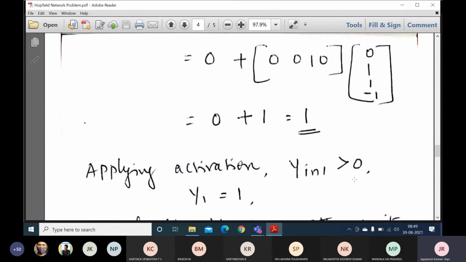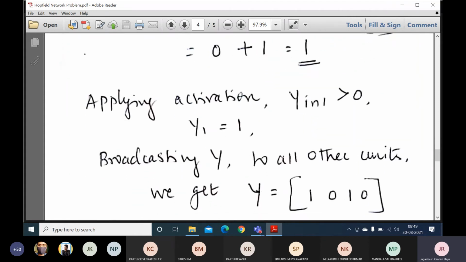So y_in1 is greater than 0, so I consider y1 equal to 1. I need to broadcast this y1 value to all the other units of y. So instead of 0, 0, 1, 0, I get 1, 0, 1, 0. Is it clear? Any doubt?